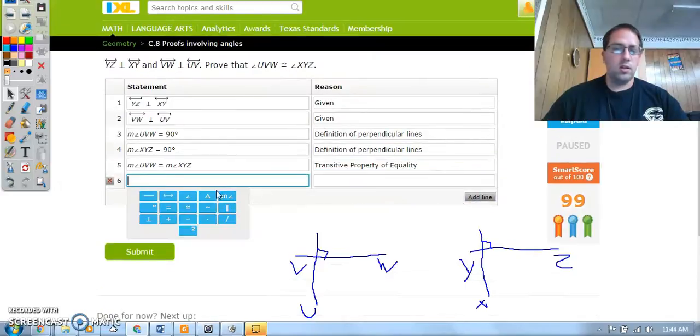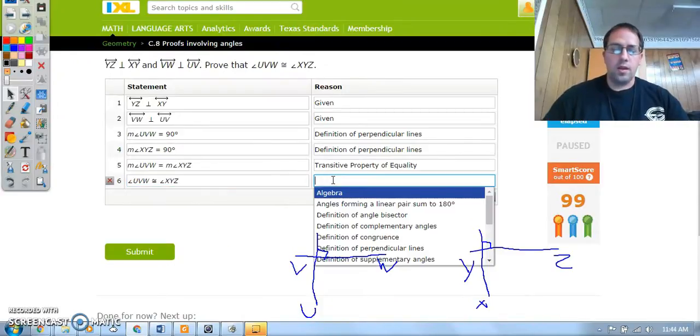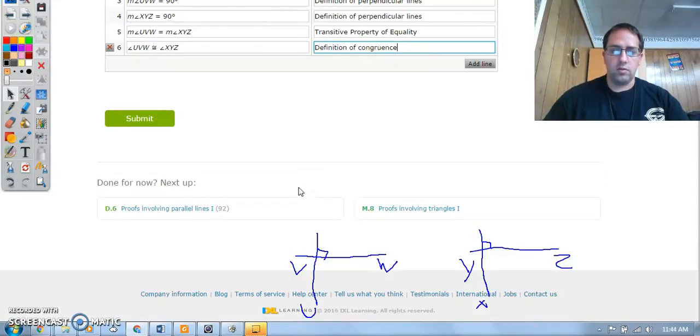I need another line. And if the angles have the same measure, then the angles are congruent. Angle UVW is congruent to angle XYZ. And we know that because that is the definition of congruence.